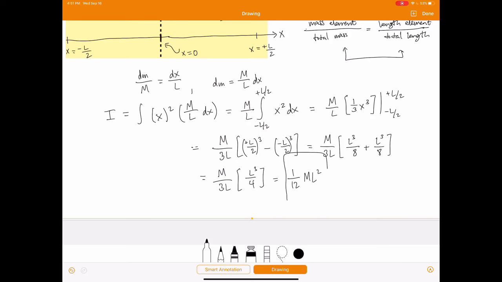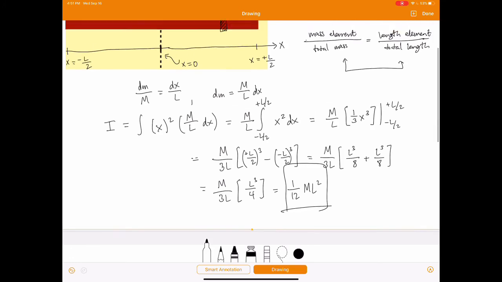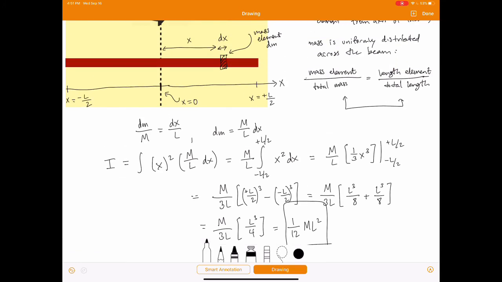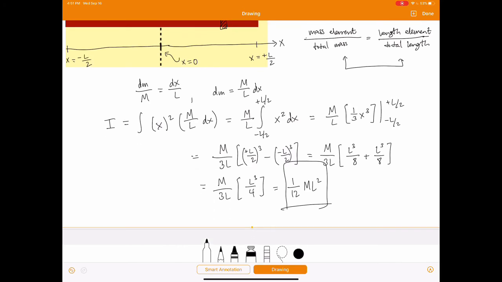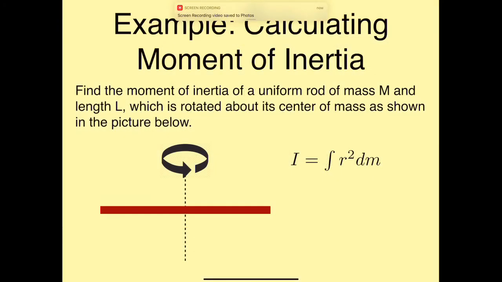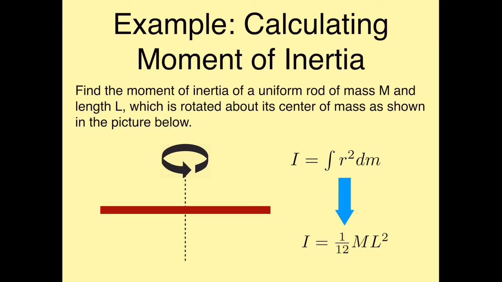So this is the formula for the moment of inertia of a beam that's being rotated about its own center of mass like this. It only depends on the mass and the length. That's how it works. Okay, and so there's the result. By doing this integral, we worked out that the moment of inertia is 1/12 mL squared.